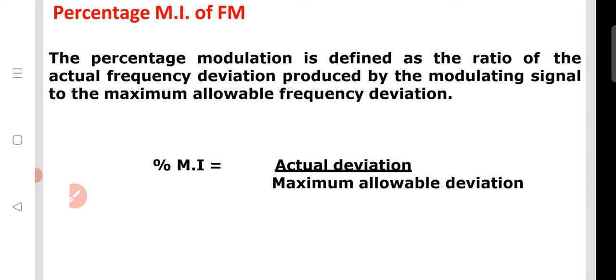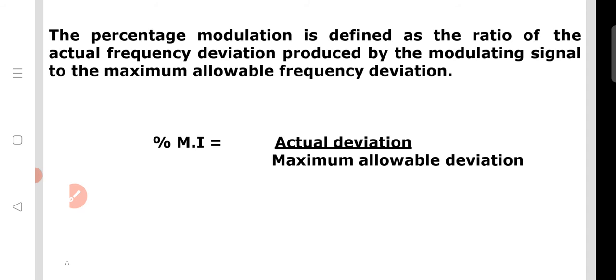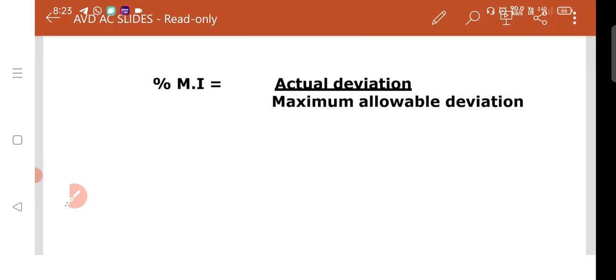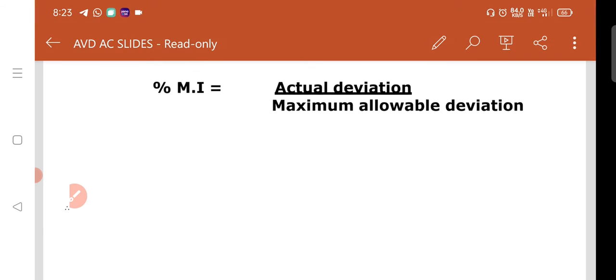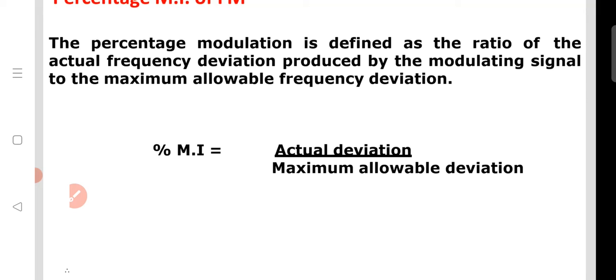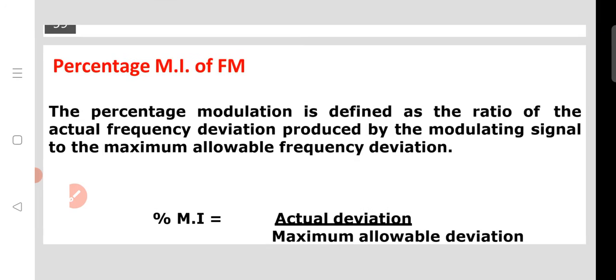The percentage of modulation index of FM is the ratio of the actual deviation produced by the modulating signal to the maximum allowable frequency deviation. This is the formula for the percentage of modulation index. It tells how close we reach the maximum allowable deviation from the present deviation.